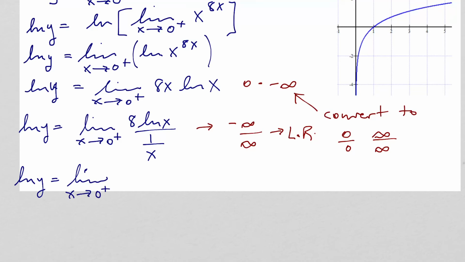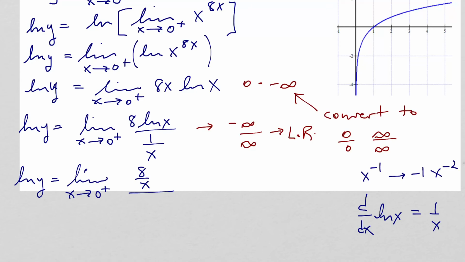So 8 ln of x, the derivative of that would just be 8 over x, because remember the derivative of the natural log of x is equal to 1 over x. That's my numerator. And then the derivative of x to the minus 1 is negative 1 x to the minus 2, which is negative 1 over x squared.